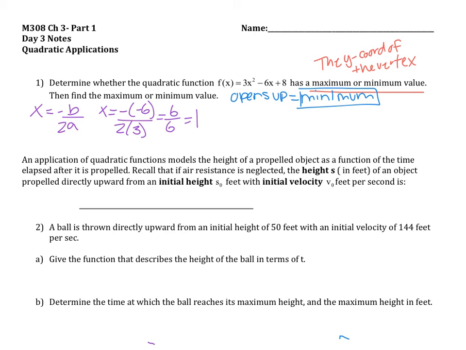For the y-coordinate, I'm just going to plug that in. 3 times 1 squared minus 6 times 1 plus 8. 1 squared is 1 times 3 is 3. Minus 6 is negative 3 plus 8 is going to be 5. So the vertex here is at (1, 5), which means that my min happens at 5, the y-coordinate of the vertex.